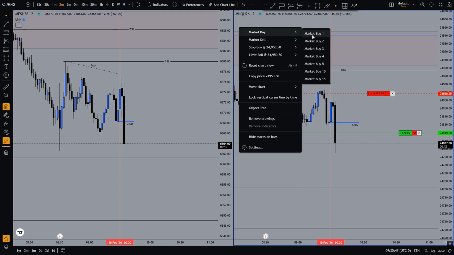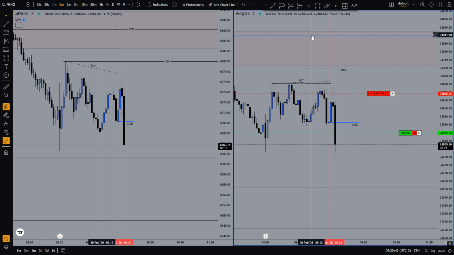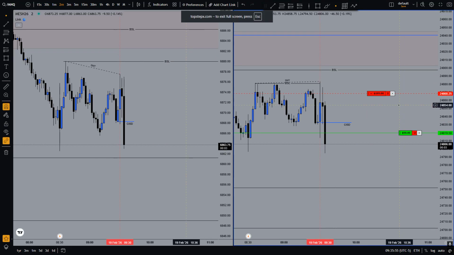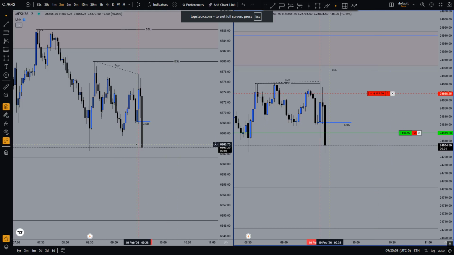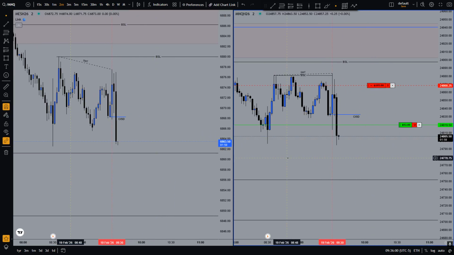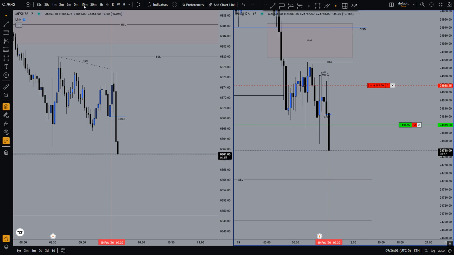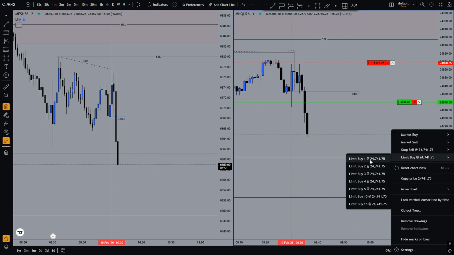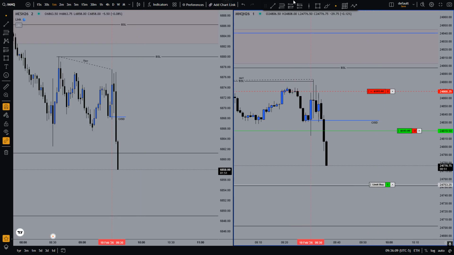So I'm gonna buy back 1 here, just for my risk sake. And then I'm just targeting lower here. So we're gonna limit buy 1 here.